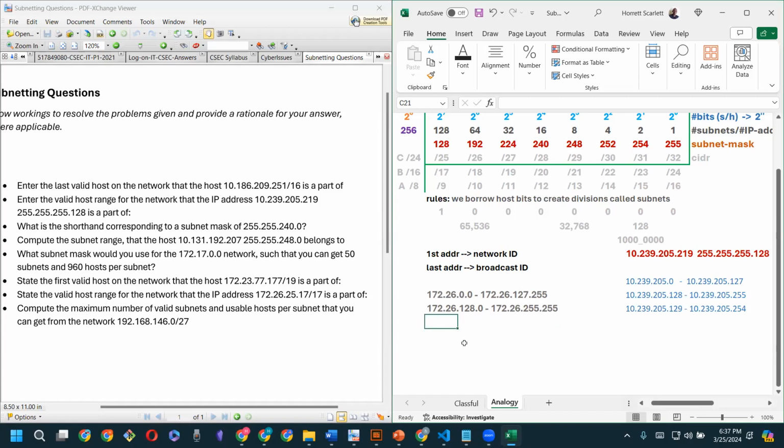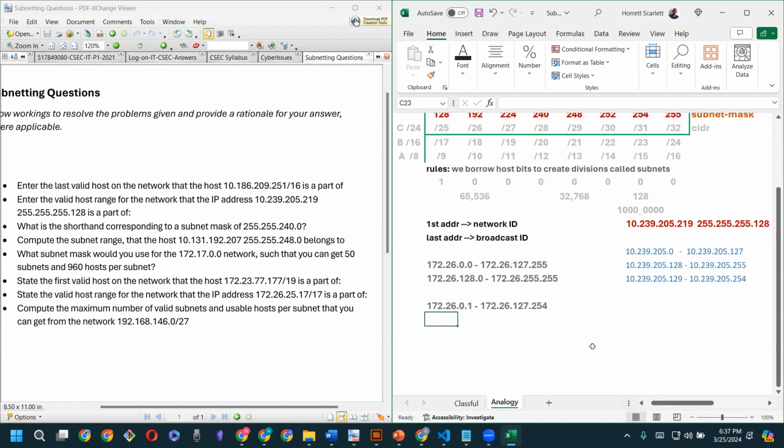So the valid host range is going to be what? 172.26.0.1 to 172.26.127.254.